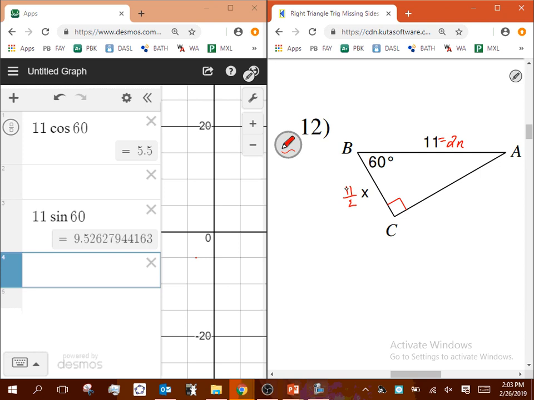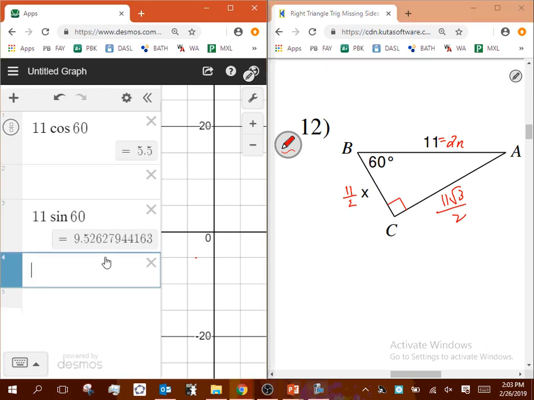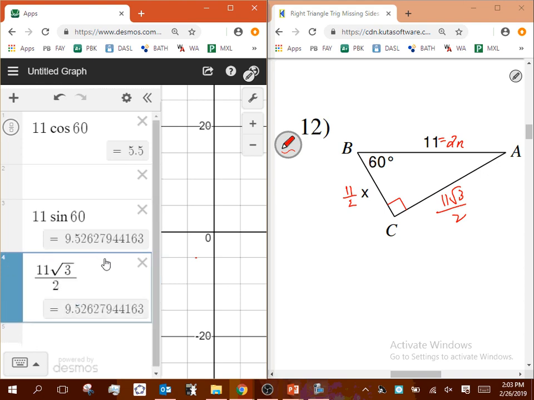Is 11 over 2 then 5.5? Yep. Then what would I do with that number to find out AC? I would multiply by radical 3. So now I'm going to look at that and say, okay, well, that number right there is not this number, right? Or is it? Yeah, it is. Does that make sense?